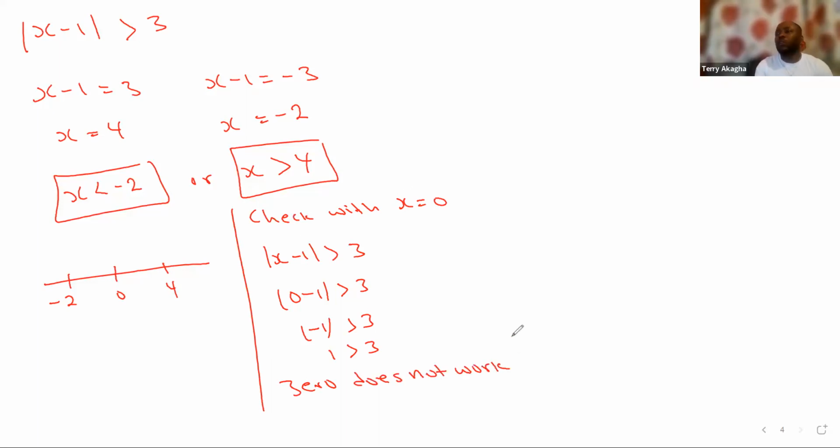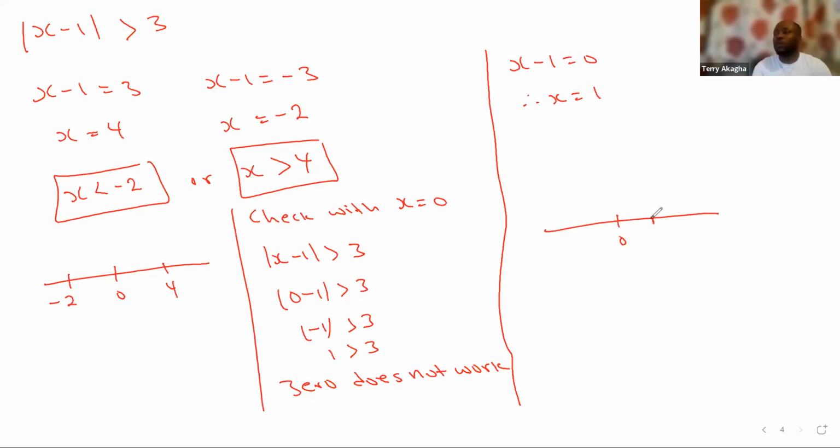Now, because 0 does not work, we can also finish it off by drawing the graph. As usual, you equate x minus 1 to 0 to get where the vertex is. So x minus 1 is equal to 0, therefore x is equal to 1. When you draw the graph, if this is your 0, this is your 1, all right? So you have it here, and at y is equal to 3 it gave us 2 positive numbers.